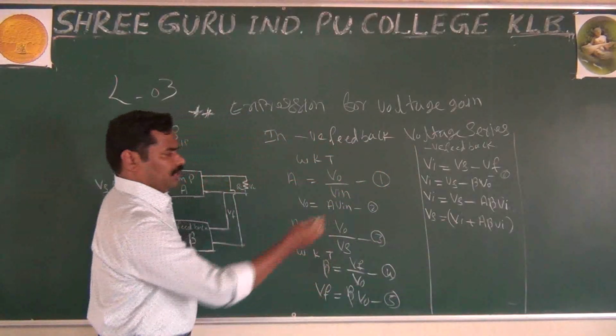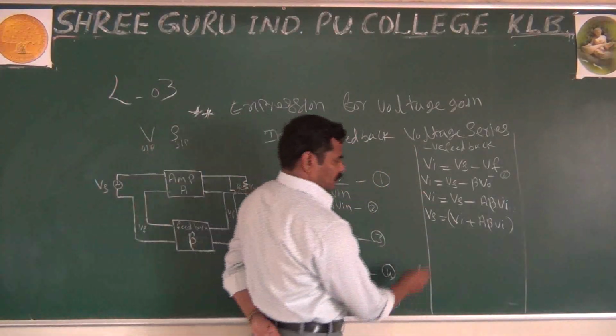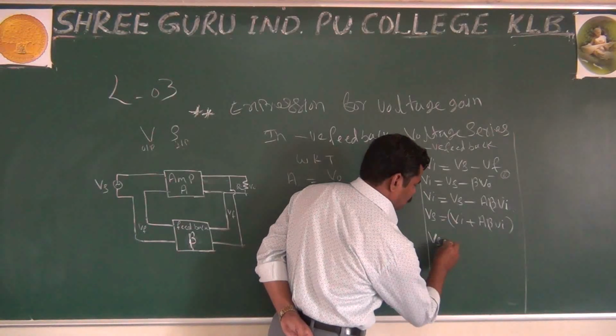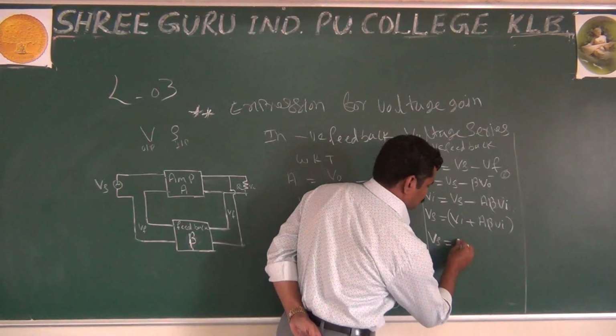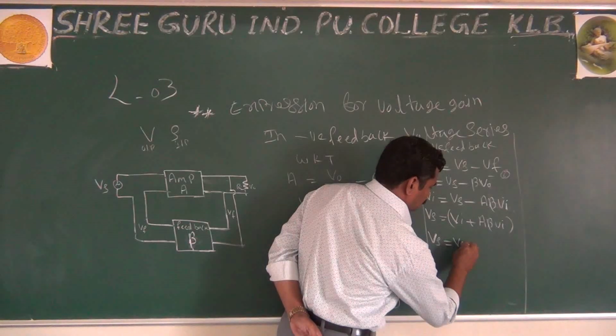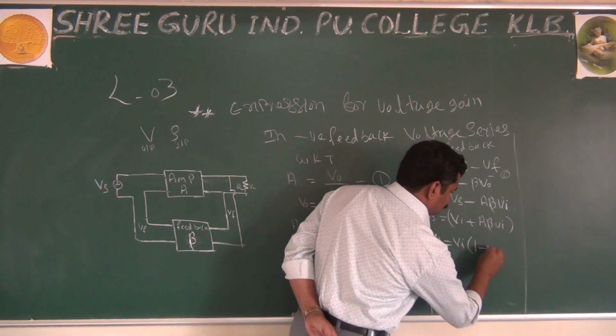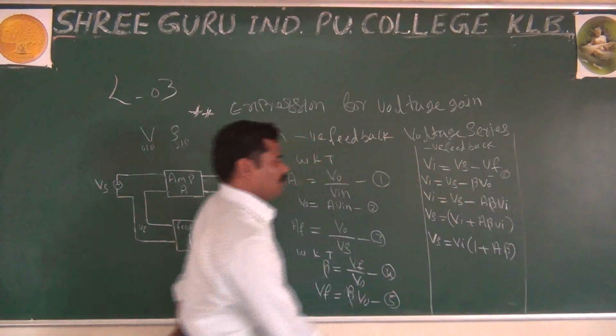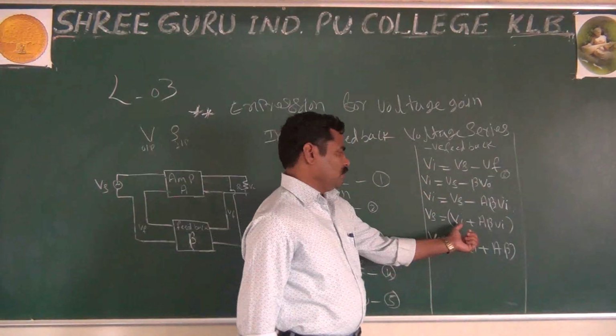Then you take Vi common and write Vs equal to Vi into 1 plus A beta. You have taken Vi common.